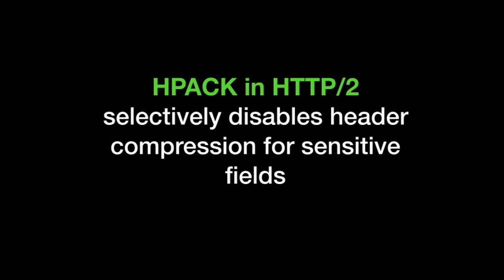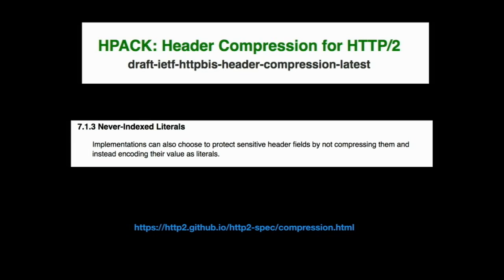I believe this already started from SPDY. The way HPACK works is by disabling compression for sensitive information. They have something known as never-indexed literals. So if you're going to compress something that is sensitive, like cookies or authorization headers, you just completely disable compression.